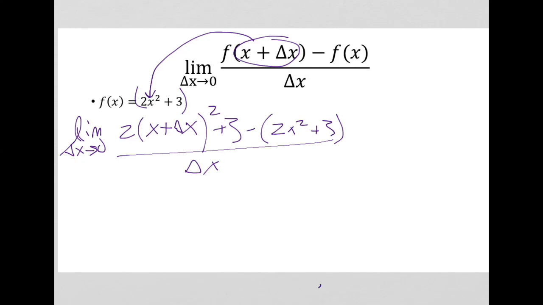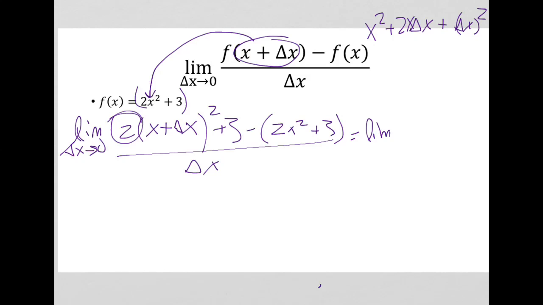So remember again, x plus delta x squared is going to give us x squared plus 2 delta x times x. I'm going to write that as 2x delta x, so you don't think you can multiply those x's together, because you cannot, plus my delta x quantity squared. And so that's all going to be multiplied by that 2 right there.